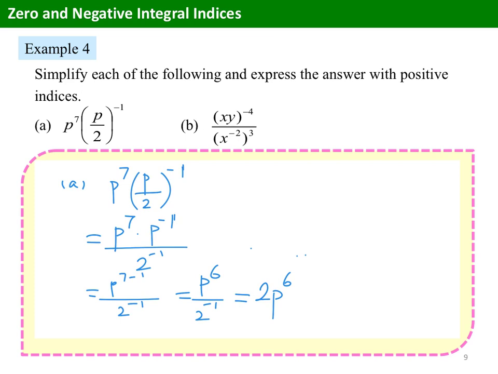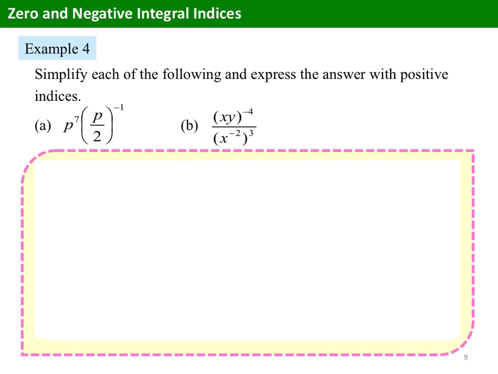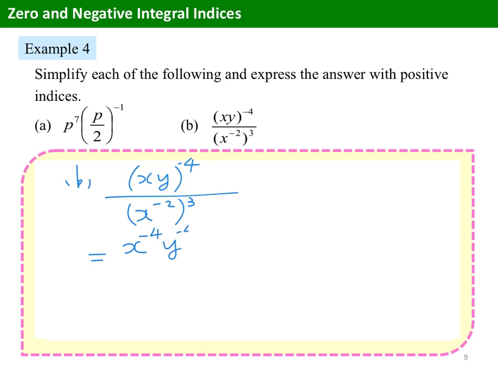Now go to part B. x y bracket to power negative 4 over x to power negative 2 bracket to power 3. First remove the bracket. The numerator becomes x to power negative 4 and y to power negative 4.